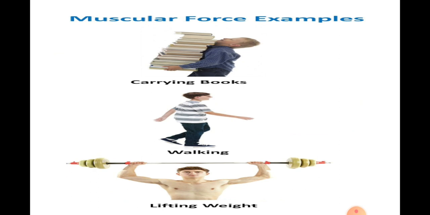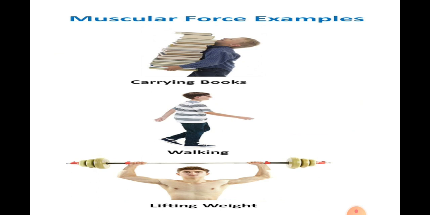When we lift this book from the table by hand, the force is exerted by the muscles of our arm. Similarly, when we kick a football, what happens? The force is exerted by the muscles of our leg. So the force exerted by the muscles of the body is called muscular force.